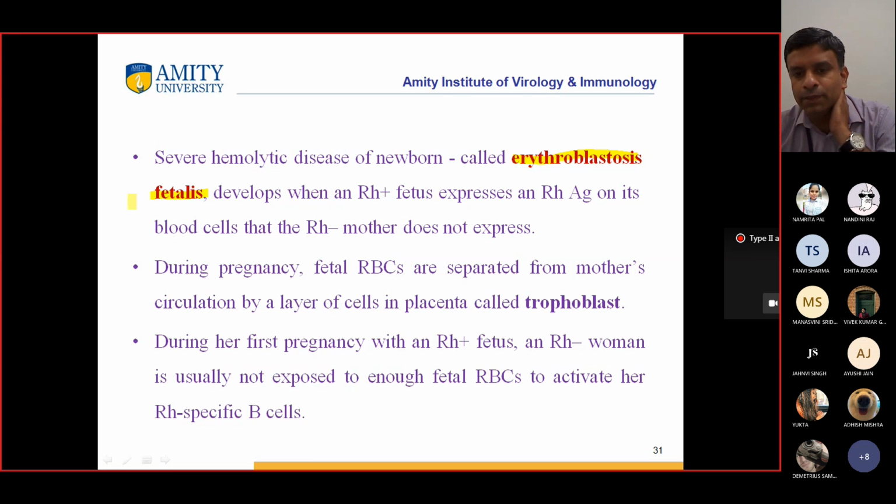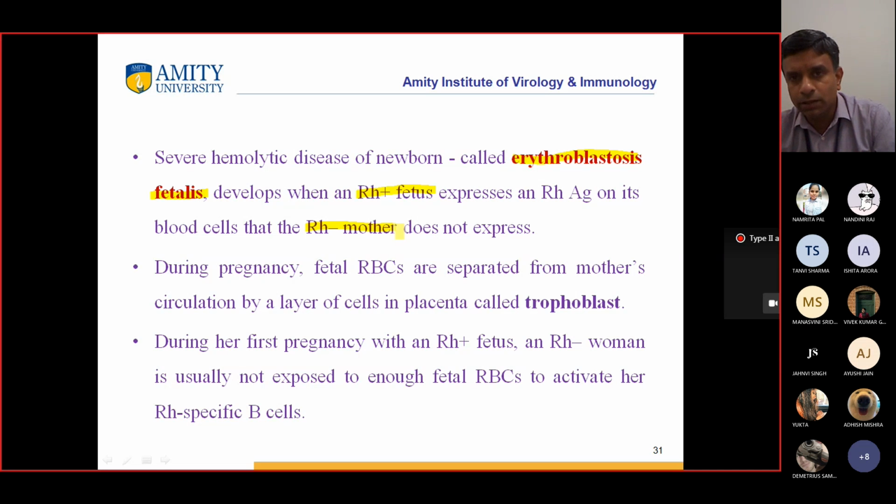This disease happens when an Rh positive fetus expresses Rh antigen on its blood cells that the Rh negative mother does not express. So it happens in a condition where the mother is Rh negative.